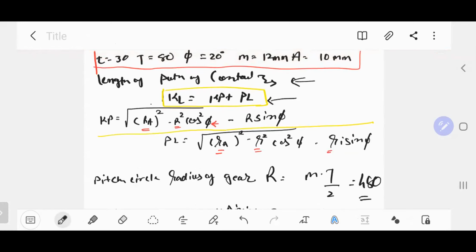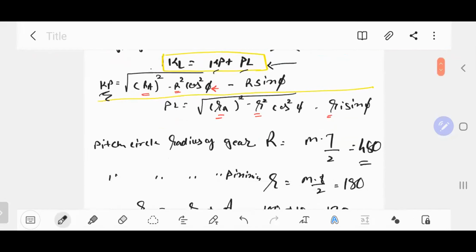This is the thing we have already done in the previous lecture. Now we have calculated the KP and KL individually. This is the KP: under root of RA square minus R square cos square phi, minus R sin phi. Remember these two equations. We have seen the derivation also.